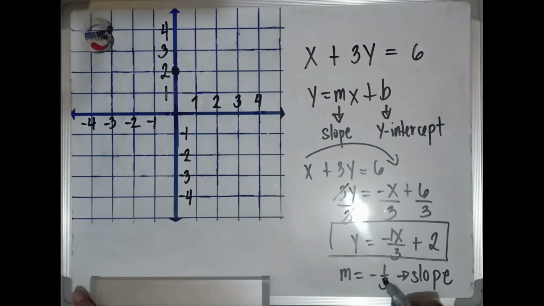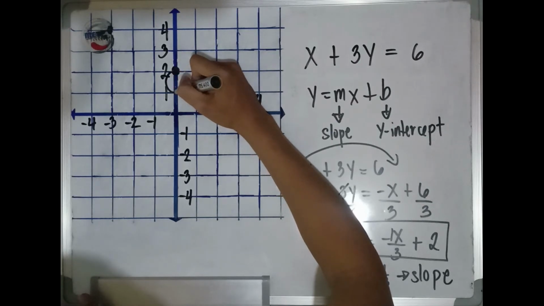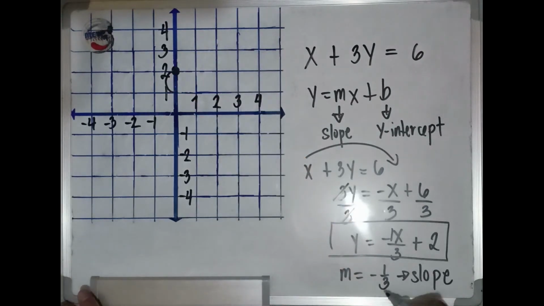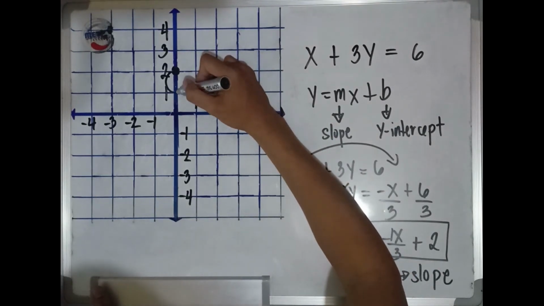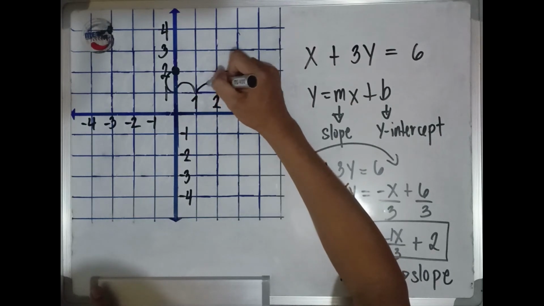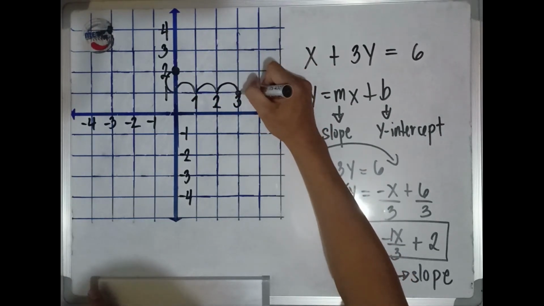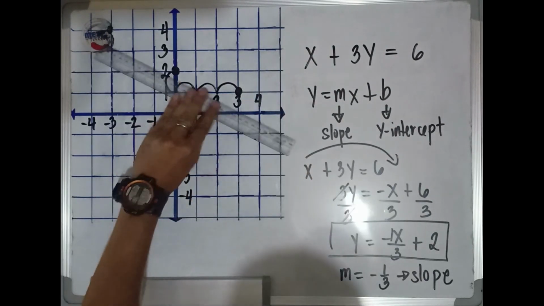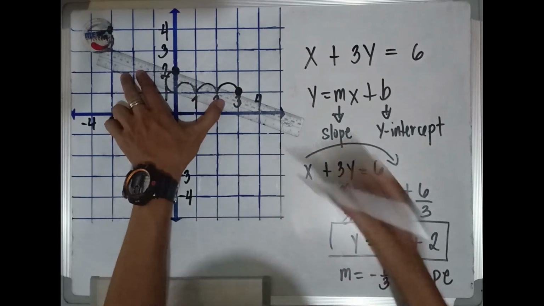Negative 1, if that is negative, we will move downward once. And then positive 3, since that is positive, going to right 3 times. 1, 2, 3. So the point will be here. Then the graph of our linear equation will be like this.